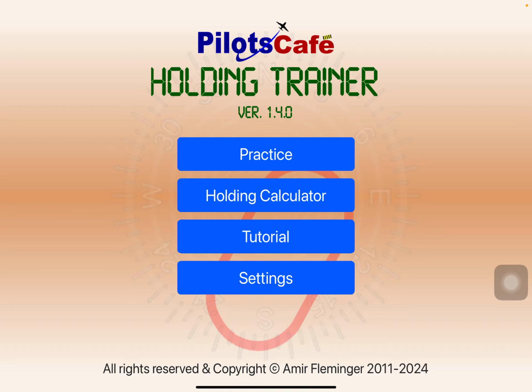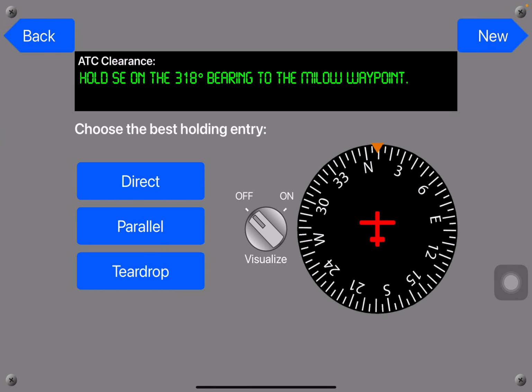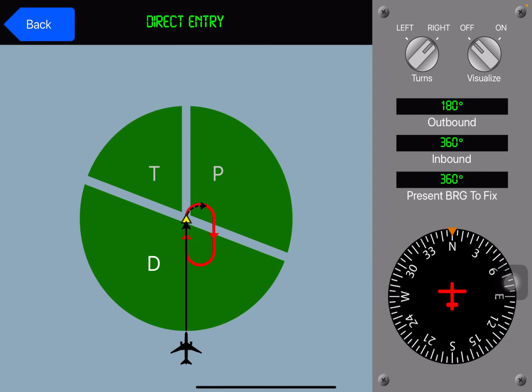Let's look at the holding calculator feature and then the practice feature of this app. The holding calculator is very similar to a mechanical holding computer that you can buy at your nearest pilot shop.